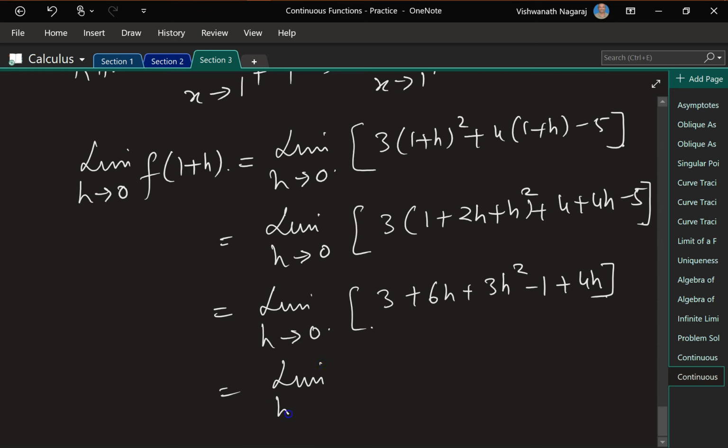Limit as h approaches 0 of 3 minus 1 is 2 plus 10h plus 3h square.